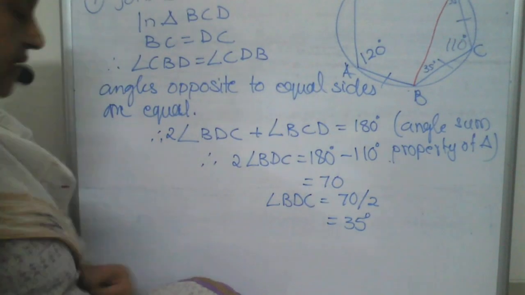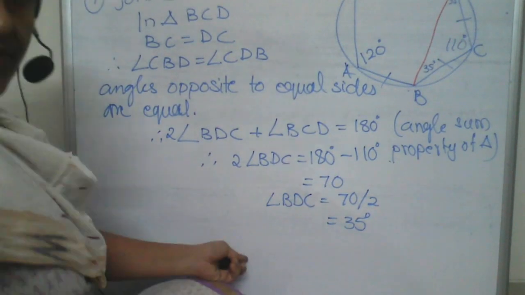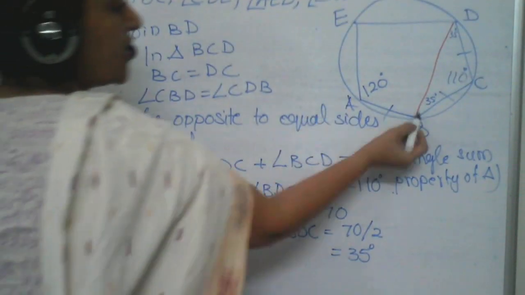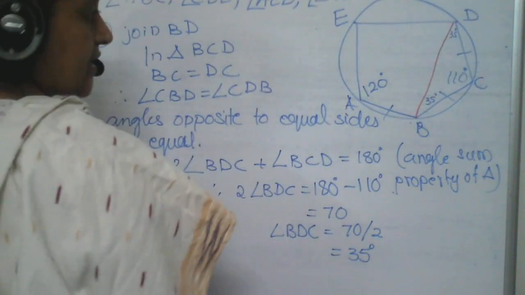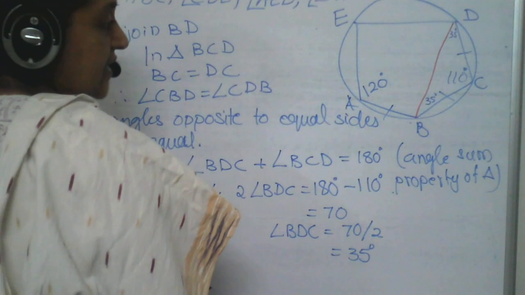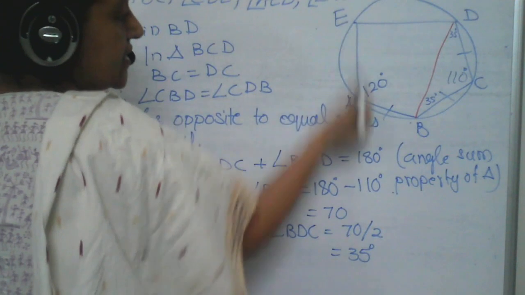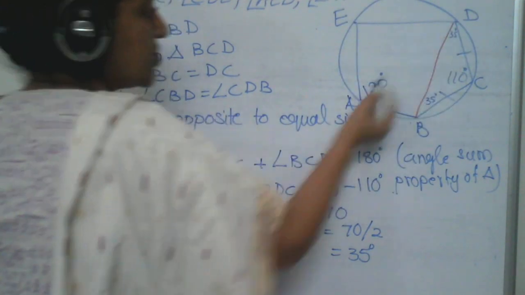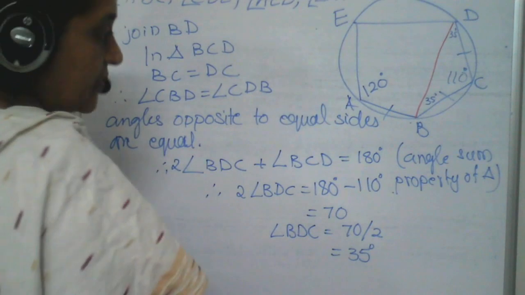Now if this is done, if you can see the diagram, ABDE is a cyclic quadrilateral. If it is a cyclic quadrilateral, the opposite angles, that is angle EAB and EDB, are opposite to each other. They are supposed to be supplementary.